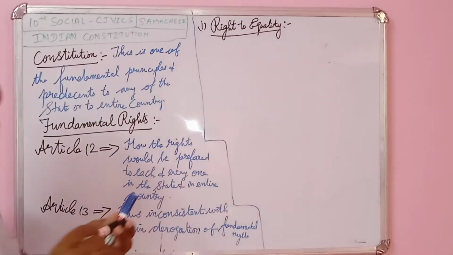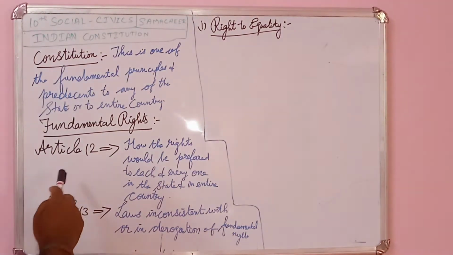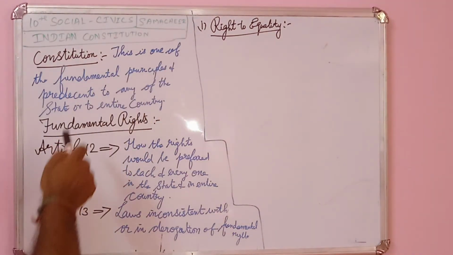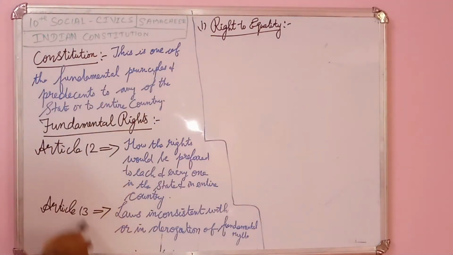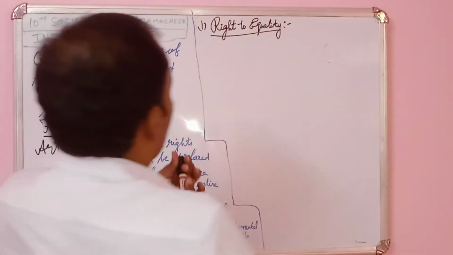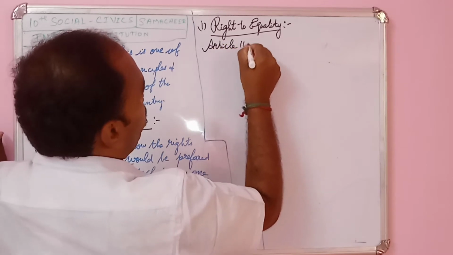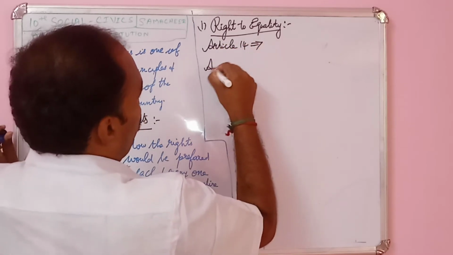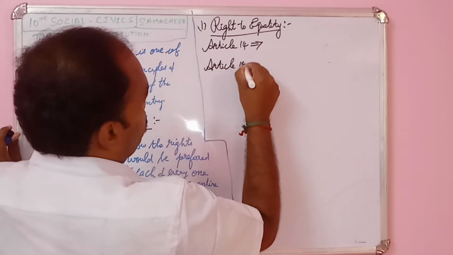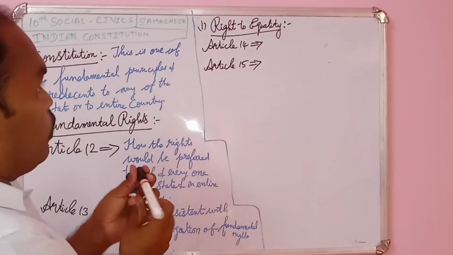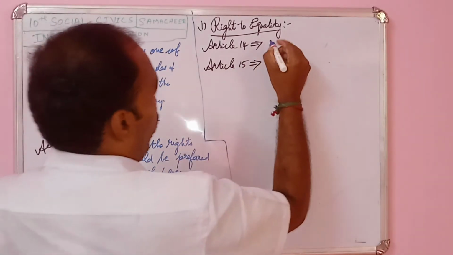Before going to right to equality, we have seen Articles 12 and 13. Article 14 is equality before law.